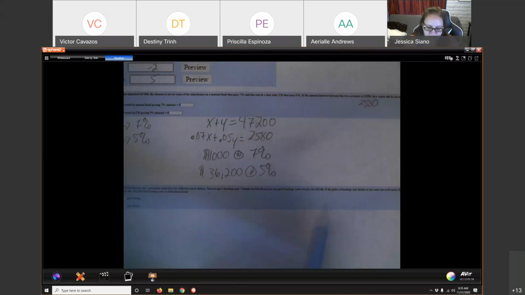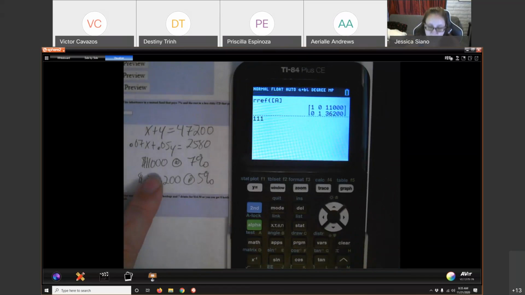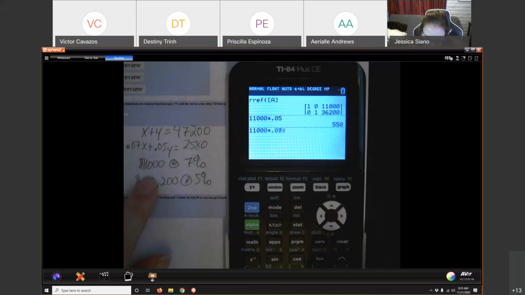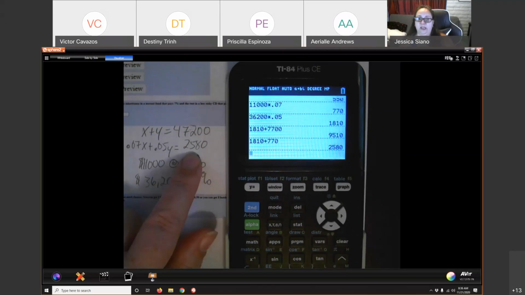And if we do 7% of 11,000, that's 770, and 5% of 36,200 is 1810. So 1810 plus 770. Yep, there's just $2,580 in interest.